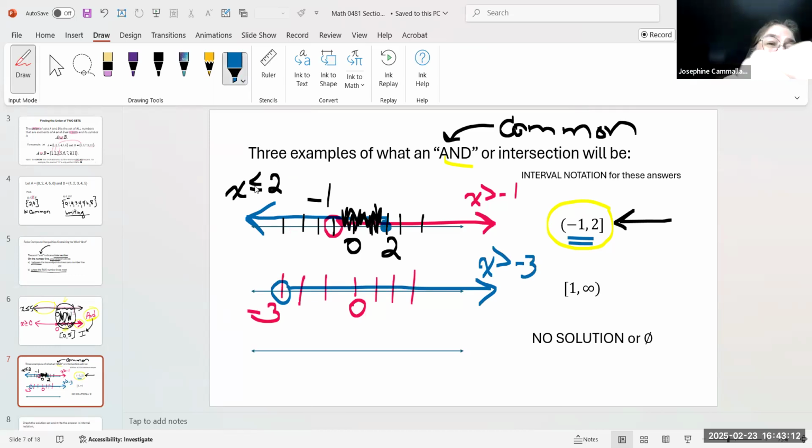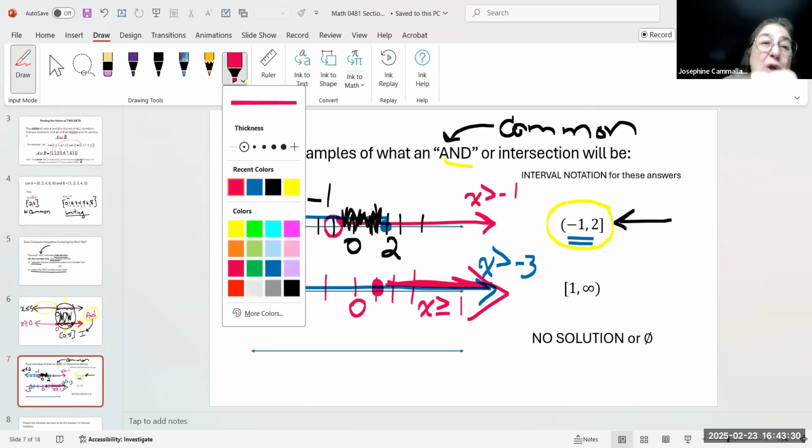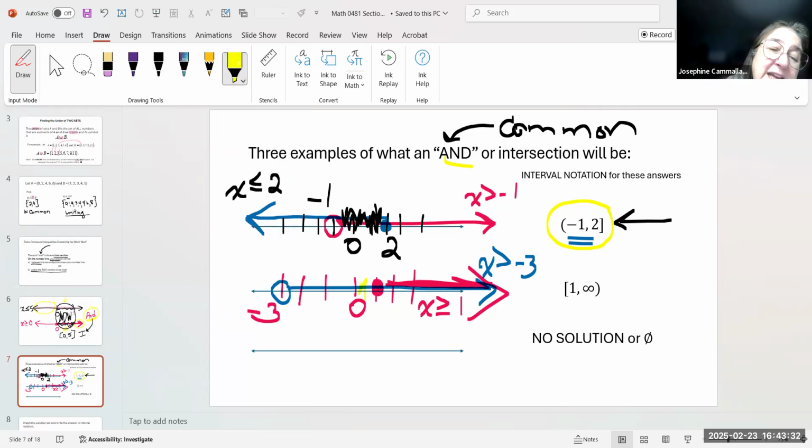But at 1, I'm going in this direction. This is x greater than or equal to 1. Now, notice right here between 0 and 3, I don't have a red line on top of it.